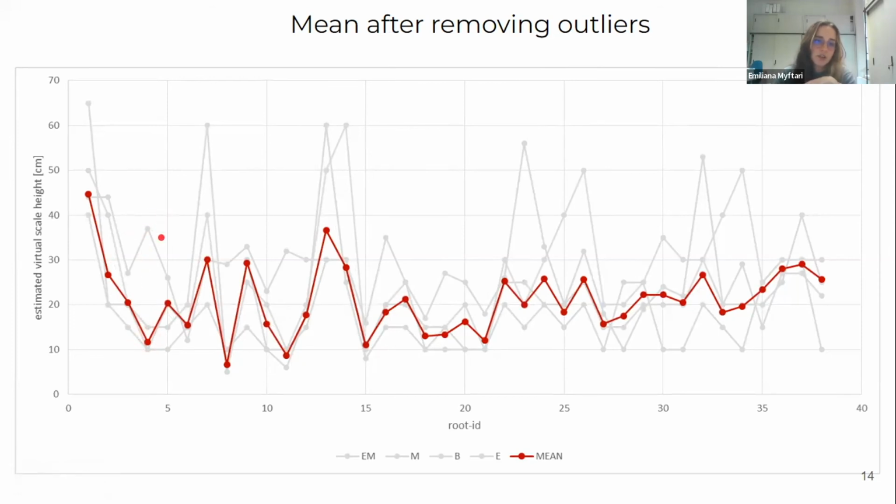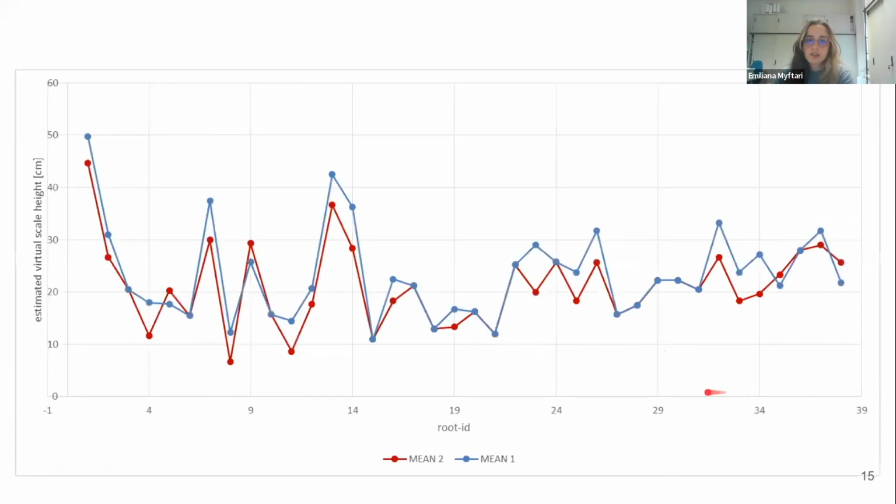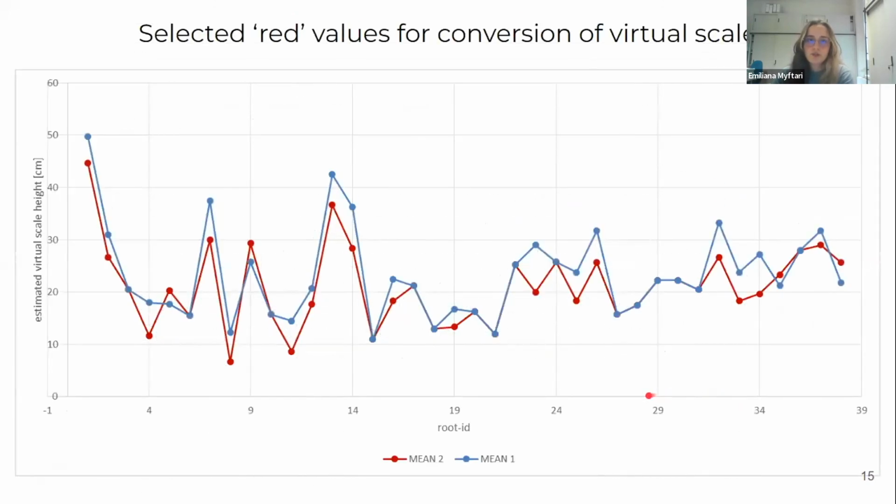So we removed that and computed the mean of those 3. Sometimes they were all 4 really similar, so we kept all 4. And we did this manually because each station was different. So this is a comparison between the 2 means. We selected the red one, the one in which we removed the outliers.